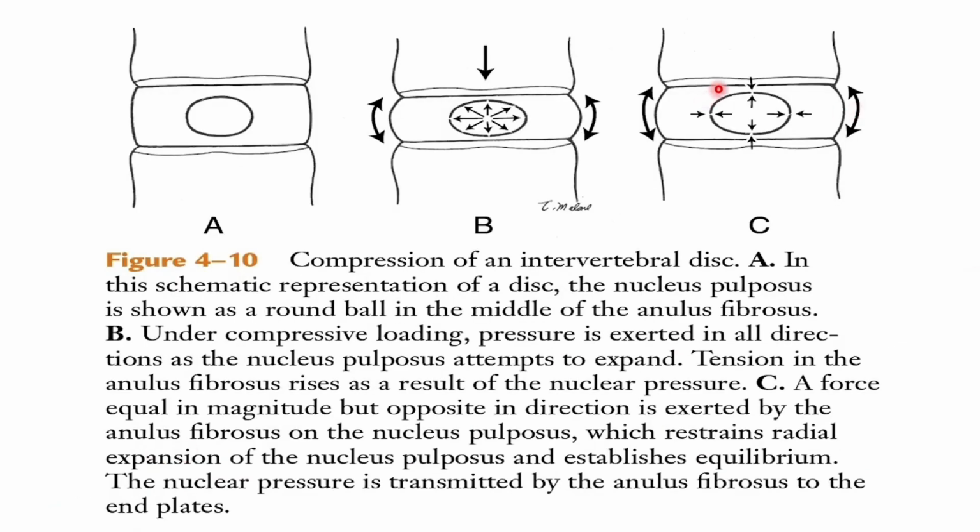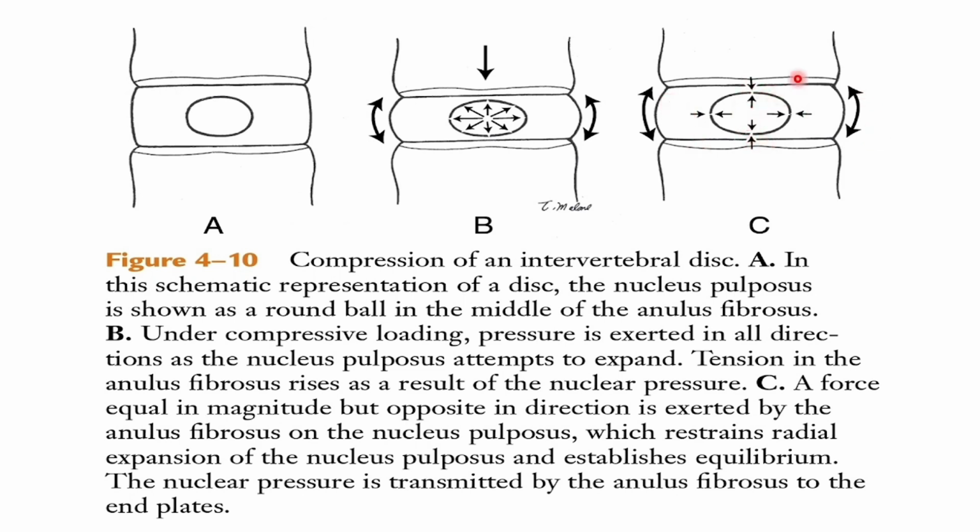So in this diagram, you can see here, because of the compressive loading, there will be some dissipation of forces or compression of the nucleus pulposus in all directions towards the annulus fibrosus and the vertebral end plates. And in order to reach a state of equilibrium, there will be an exactly opposite force occurring from the annulus fibrosus towards the nucleus pulposus and from the vertebral end plates towards the nucleus pulposus.